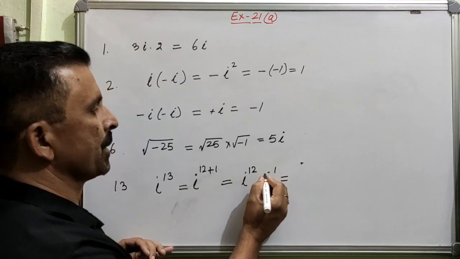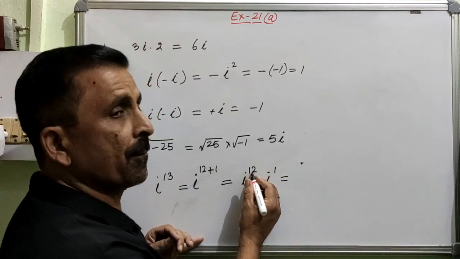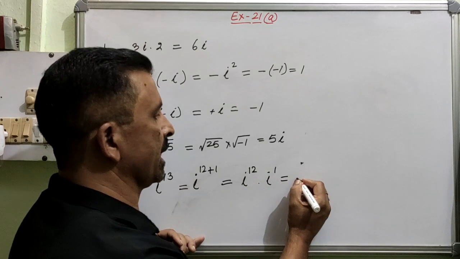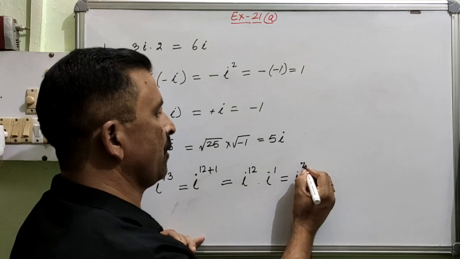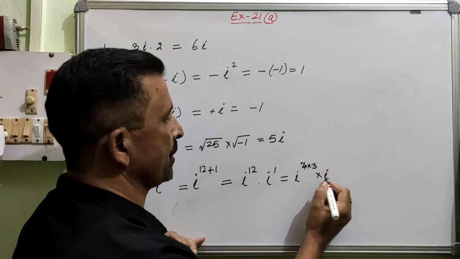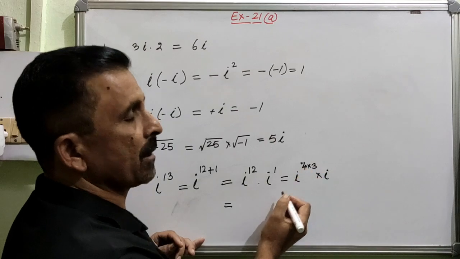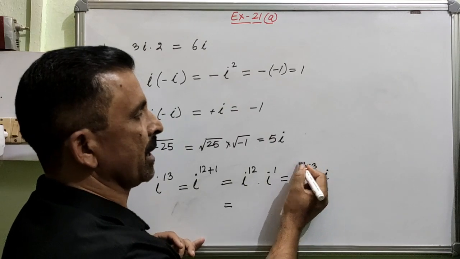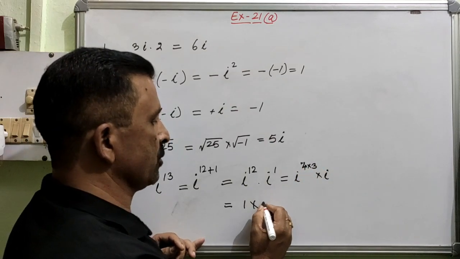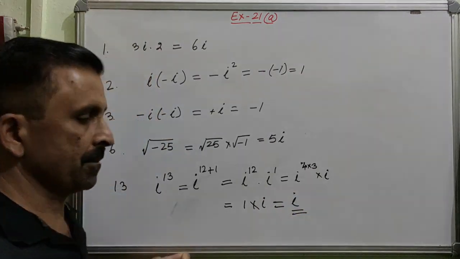Now, this i to the power 12 is a multiple of 4. That means we can write it as i to the power 4 times 3, and then into i, right? When you have the power of i in a multiple of 4, then the value of this part will become equal to 1. And this is into i. This is equal to finally i. Therefore, this is the answer.